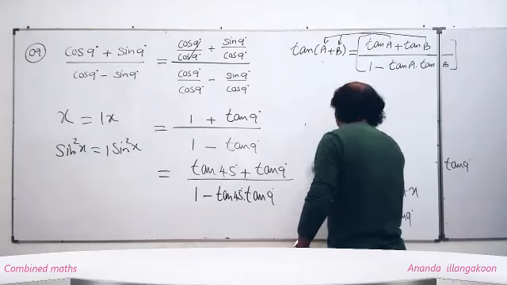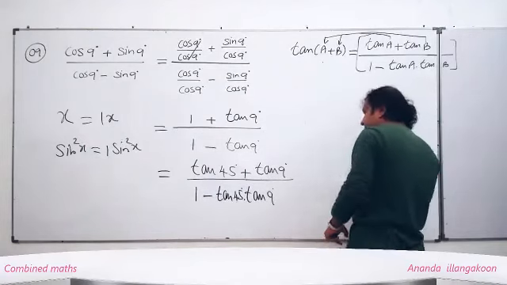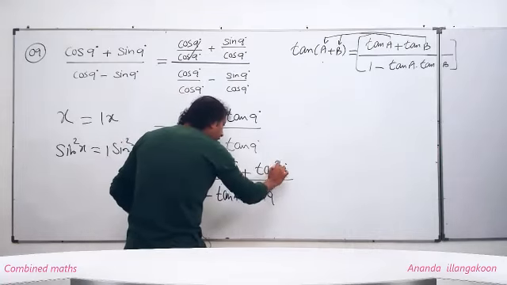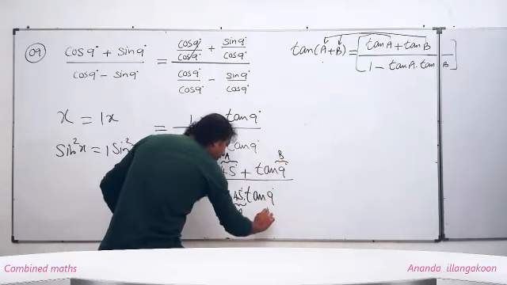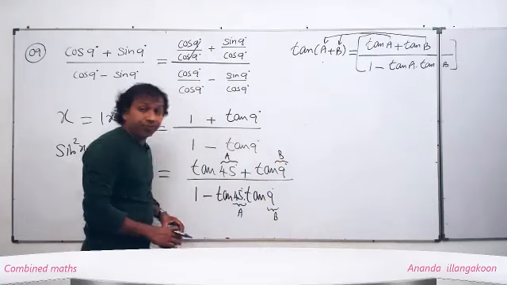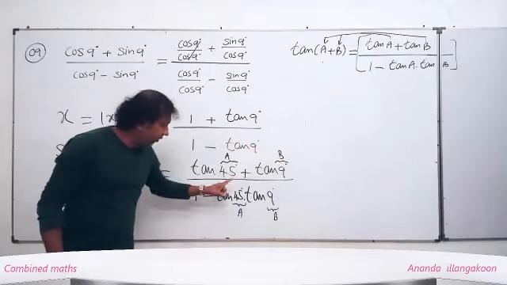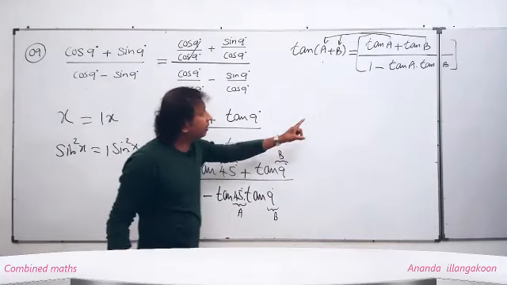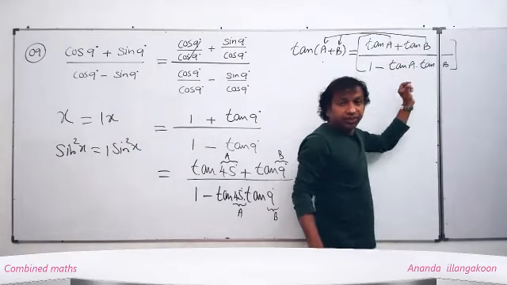Really, now see here. This one, if you take as A, and this one as B, with the same 45 here. This is A, this is B. What do you have there? Tan A plus tan B divided by 1 minus tan A tan B. This thing comes here. Understand?